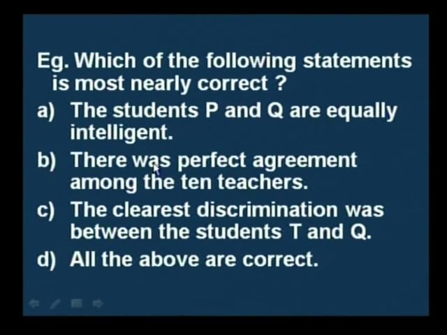A, the students P and Q are equally intelligent. B, there was perfect agreement among the 10 teachers.